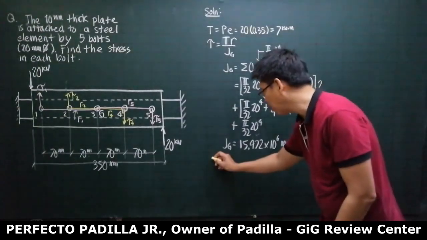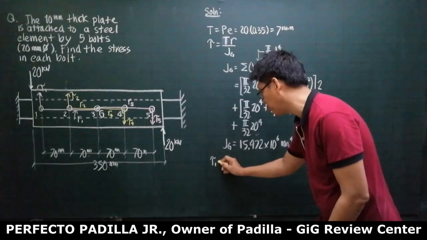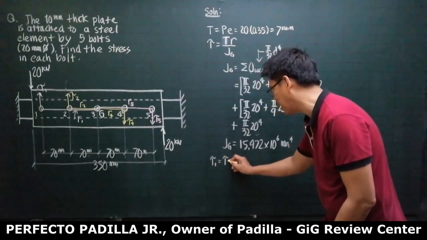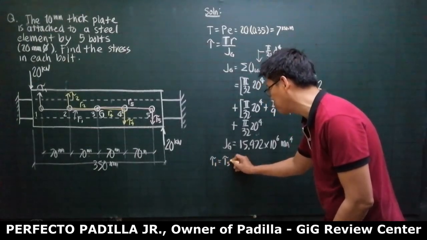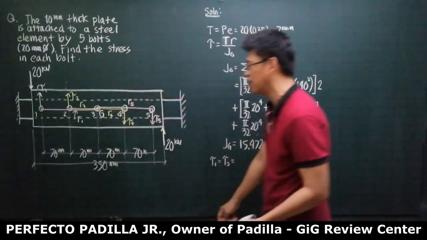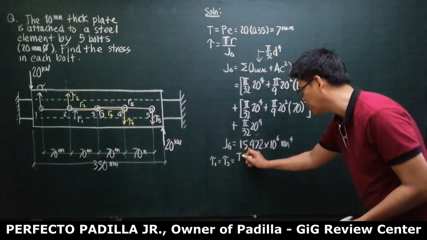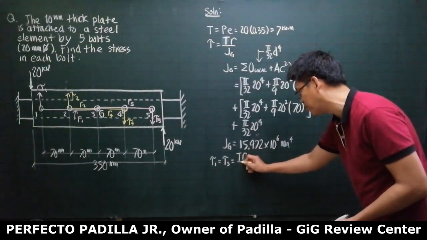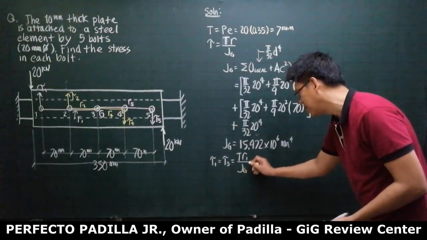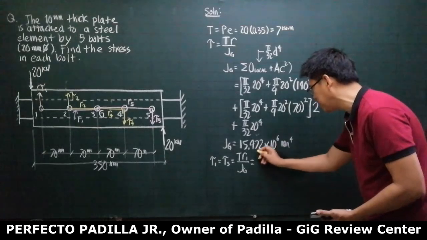So solving now our tau, our shearing stress at bolt 1, which is the same as shearing stress at bolt 5, because their distance from the centroid are the same, both have a distance of 140. So this is going to be TR1 over J global. Our torque is 7 times 10 to the 6 Newton millimeters.